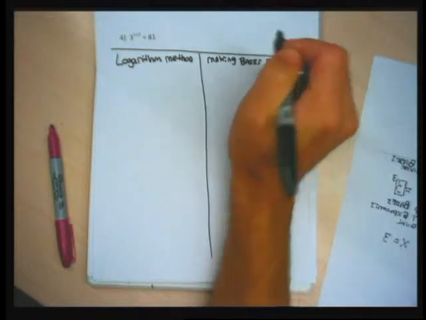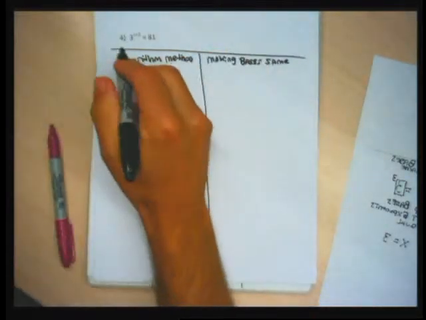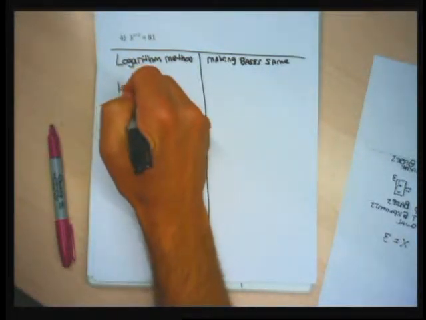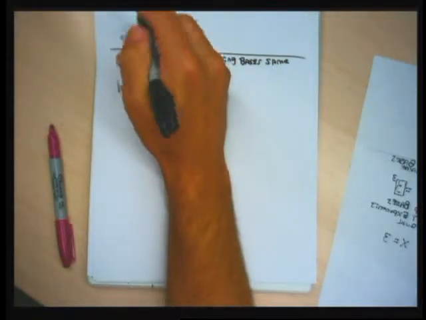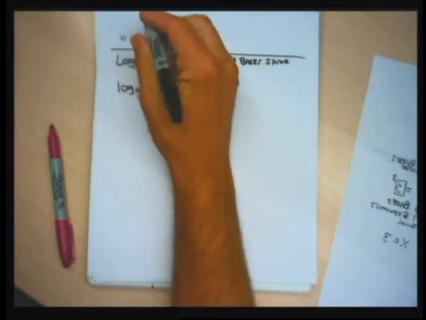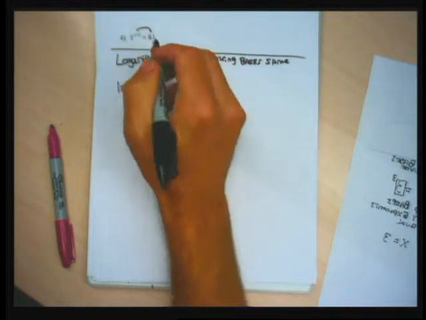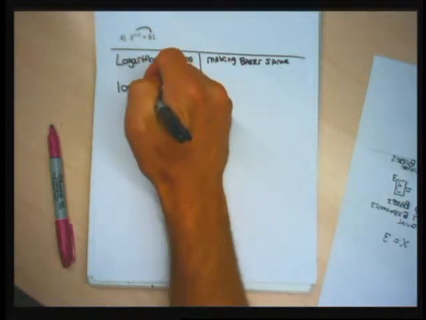For the logarithmic approach, I start and I write the word log. The 3 is the base of the exponent. It needs to be the base of the log. And I need to switch the 81 and the x plus 2.